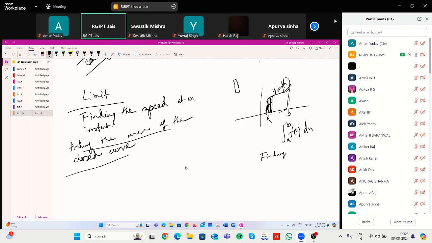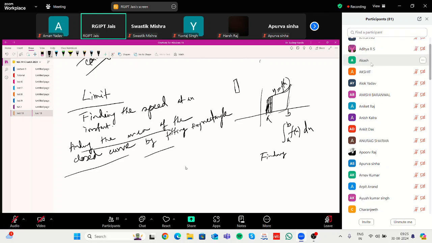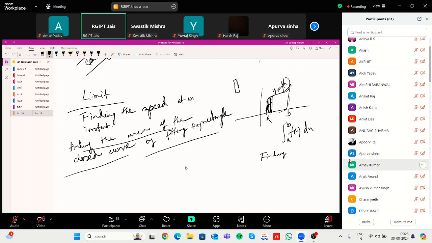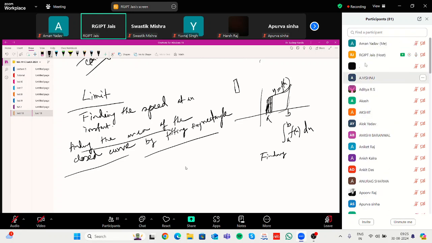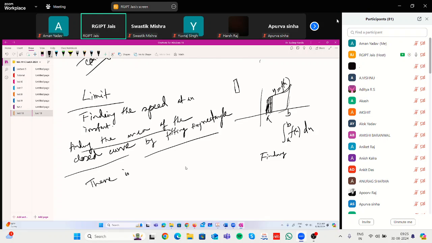So finding the area of the closed curve by limits. Suppose there is a singularity at some point.